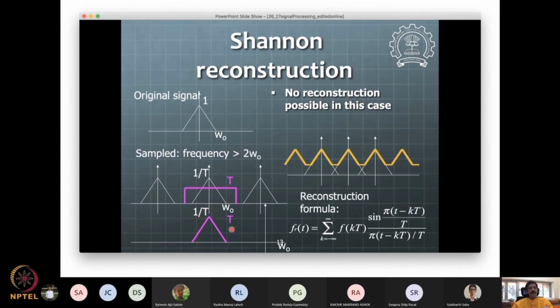It's the same idea when you have an input given to the system in the frequency domain and you pass it through the transfer function, and the transfer function produces some output.